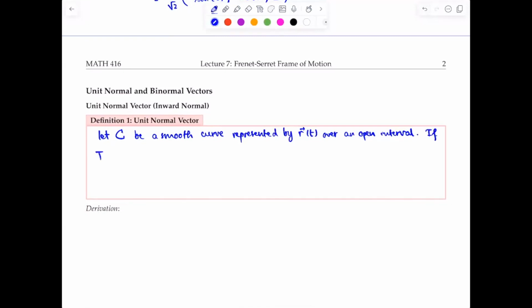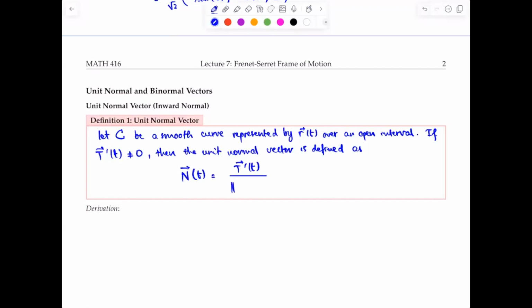Now, if capital T prime of t is different from 0, then the unit normal vector is defined as, you have capital N of t to indicate that this is the unit normal vector. A unit normal vector is equal to T prime of t divided by the magnitude of T prime of t.